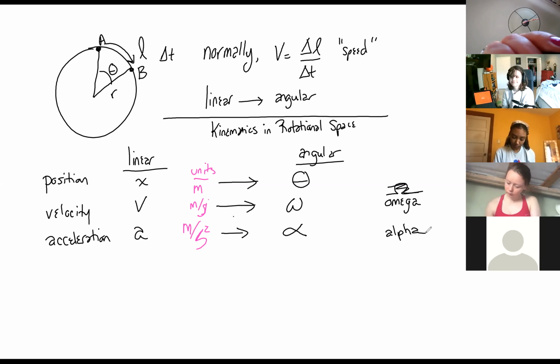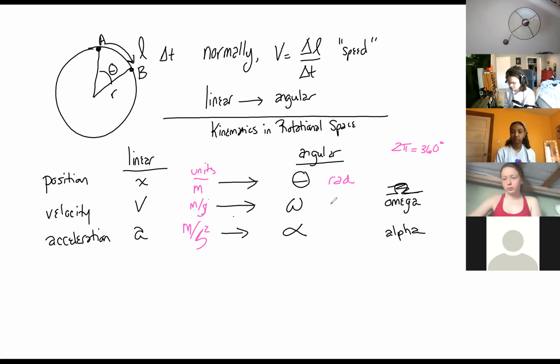The units here are different as well. Instead of using degrees for angle, we're actually going to be using radians now. You're familiar with radians from math class, and just to remind you, there are 2 pi radians in 360 degrees. Okay, that's something everybody knows.